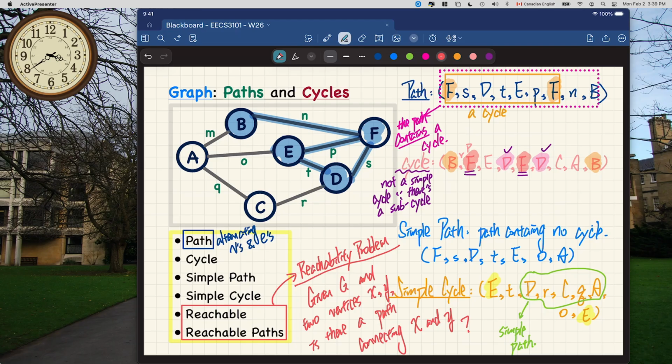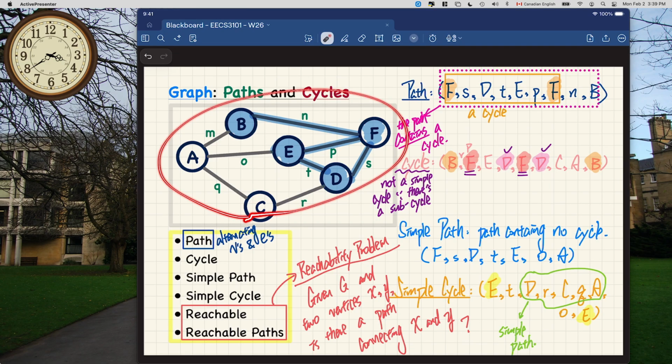However, the reachability problem is very easy to solve once we learn how to traverse the graph. That's something we'll see. It can just be more like a byproduct of traversing the graph. A little bit of a look ahead: we call this graph connected, because if you pick any two vertices in the graph, they're reachable to each other.